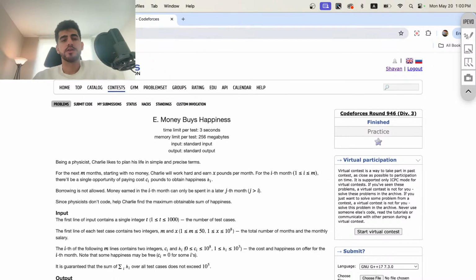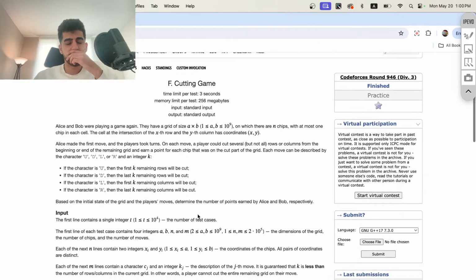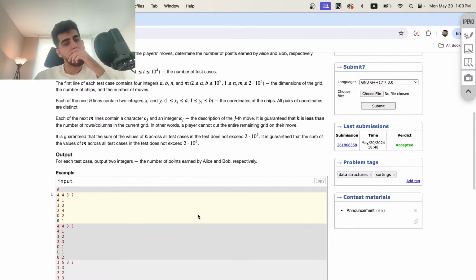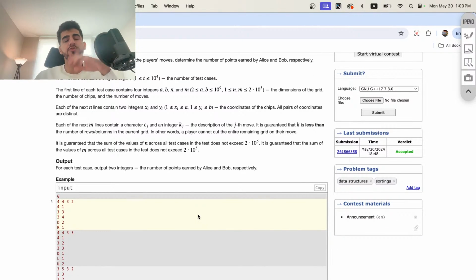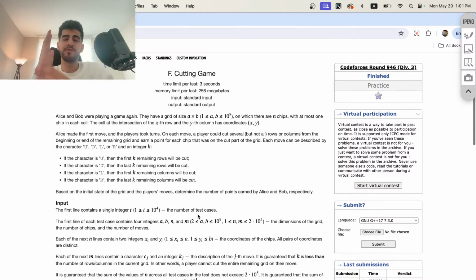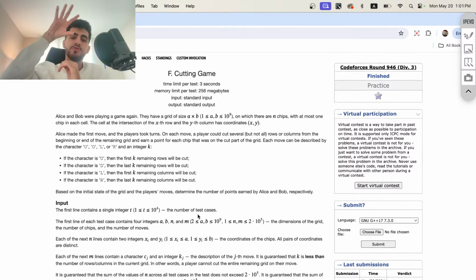Okay. Problem F. For this problem, we need to have some sets, and whenever we want to cut from the right or from the left or from top or from the bottom, we have 4 sets.